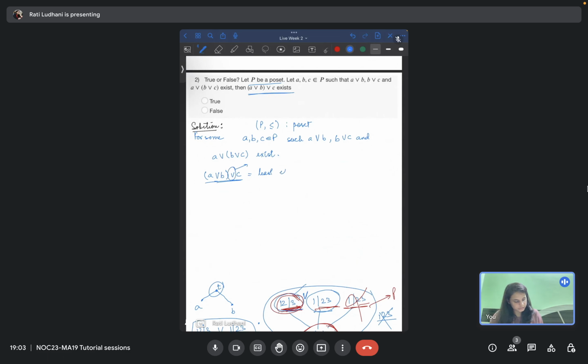This says the least element of the set of all those T belonging to P such that A join B is less than or equal to T and C is less than or equal to T. If I open this join, you have this element and these two elements. Is that okay? Now the least element.